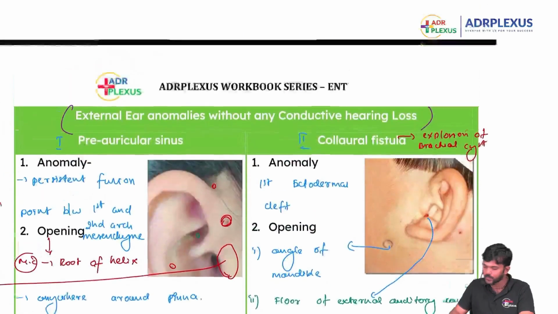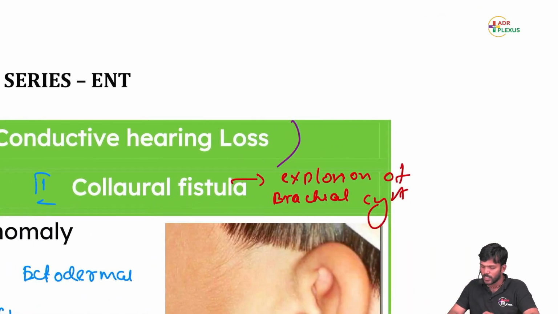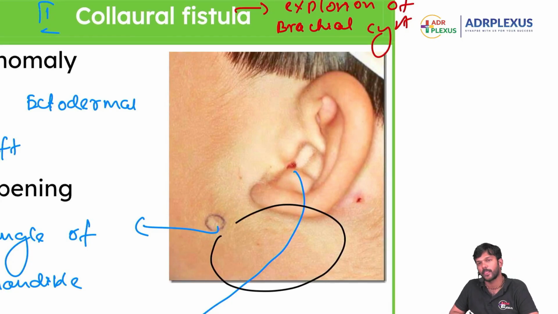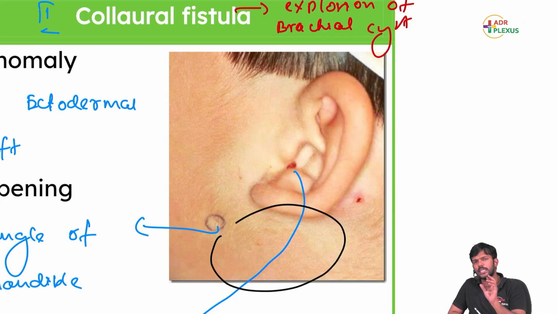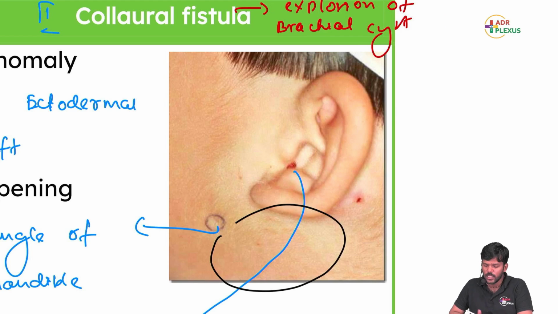Okay, fine. Someone has asked, what is an explosion of the branchial cyst? I'll tell you. The branchial cyst presents as a neck swelling, which means some disappearance which is supposed to happen in the branchial apparatus hasn't happened. So there is persistence of the branchial apparatus which was supposed to disappear.